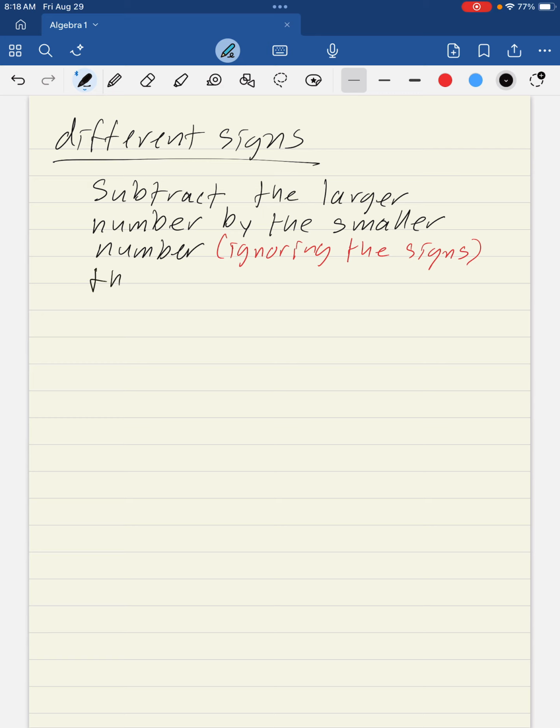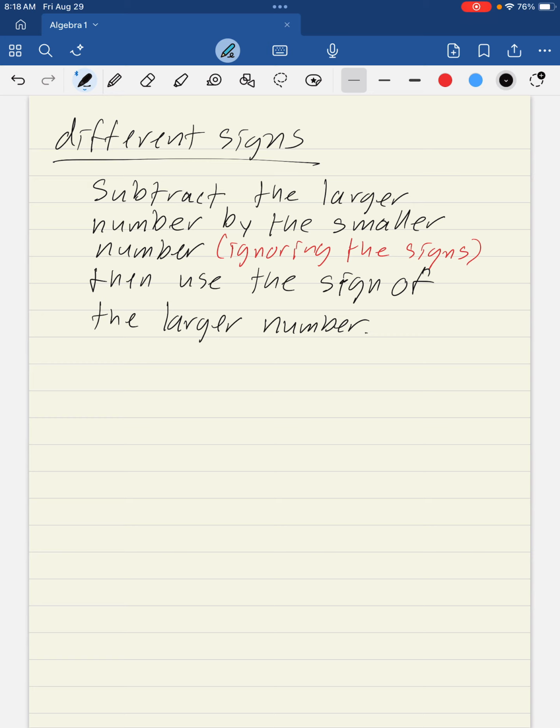Then use the sign of the larger number. Boom.